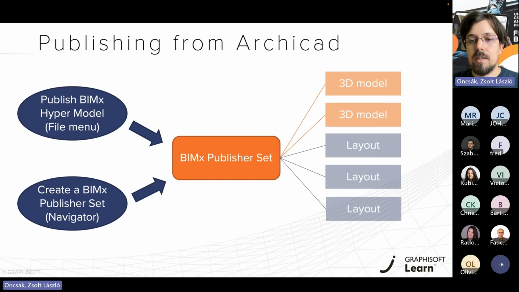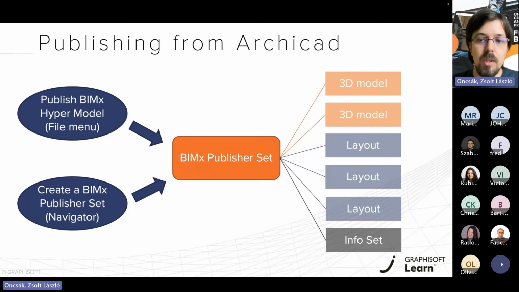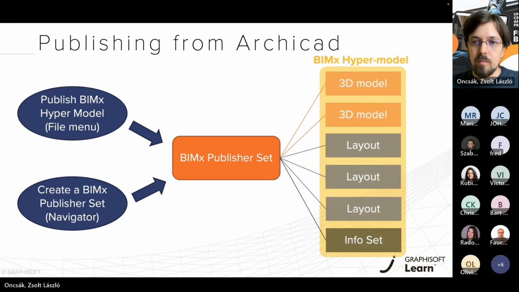So it's just something interesting to mention. You can, of course, select all the 2D documentation, and then you also have control over what kind of information you want to include in the hypermodel. And at the end, all of those items will be included in the hypermodel.